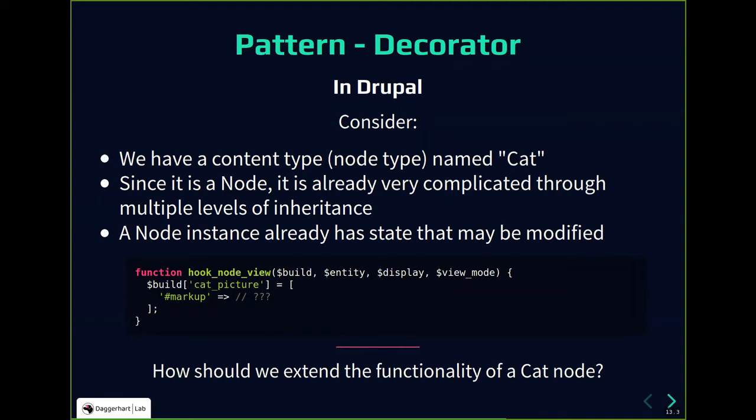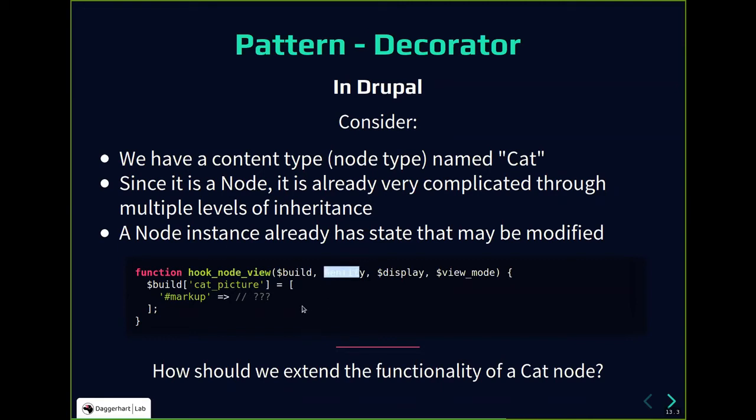It probably has like four or five ancestors. And the node instance generally already exists where we want to make use of it. Consider that we are hooking into node view and we just want to add the cat picture to the node view. So the entity is fully built.